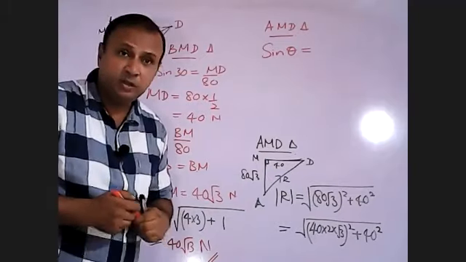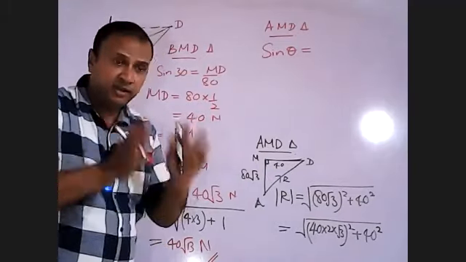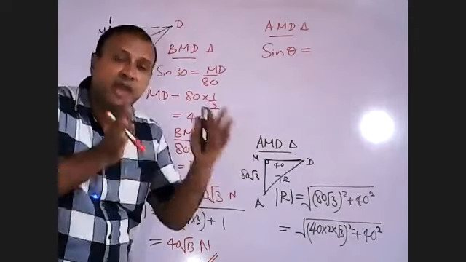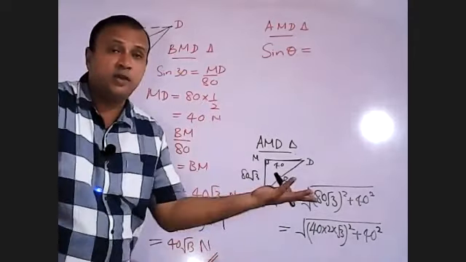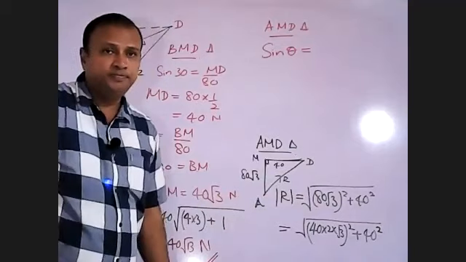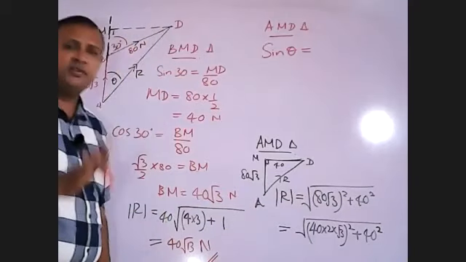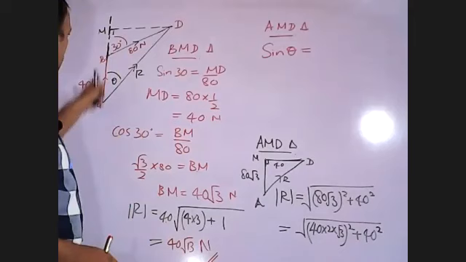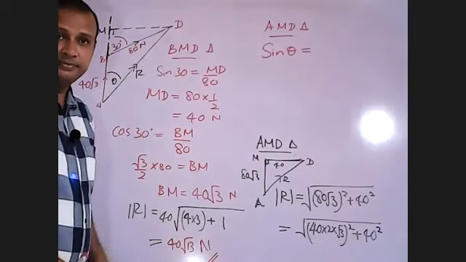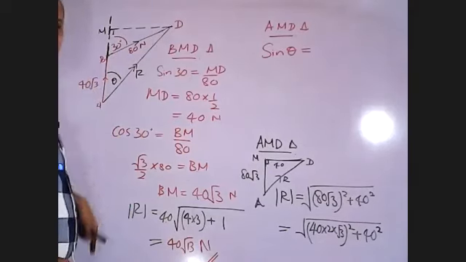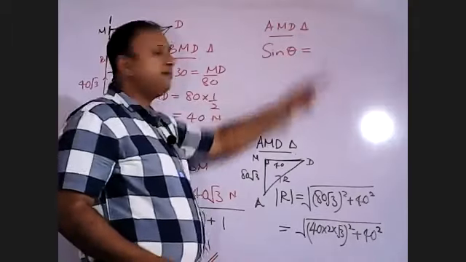When you write a trigonometric ratio, it should be a right angle triangle, otherwise you cannot write any trigonometric ratio. So my right angle triangle is AMD.